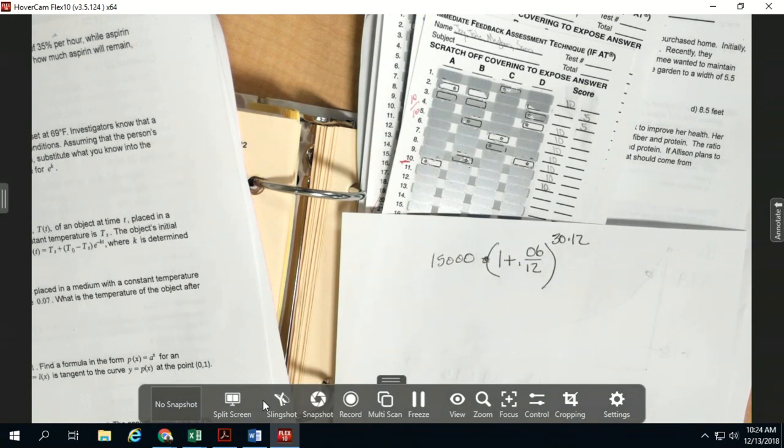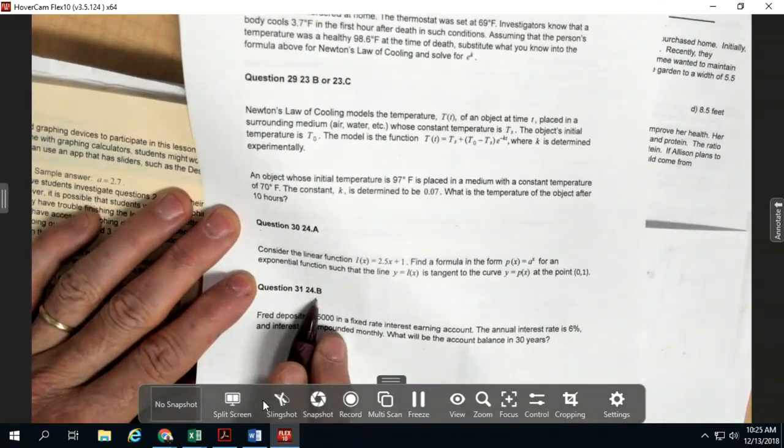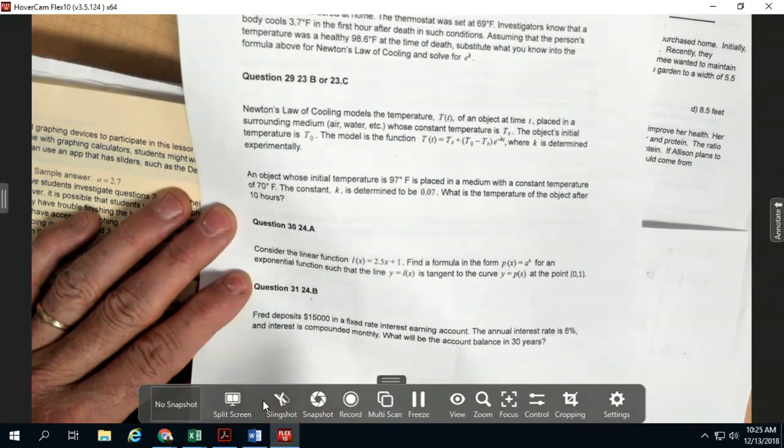If you write down the formula, the amount equals the principal times 1 plus the rate over how often you compound, in this case 12, to the time times 12. So I would practice a bunch of those in lesson 24B. I would go to the My Math Lab, because I can guarantee there is at least one exactly like this.